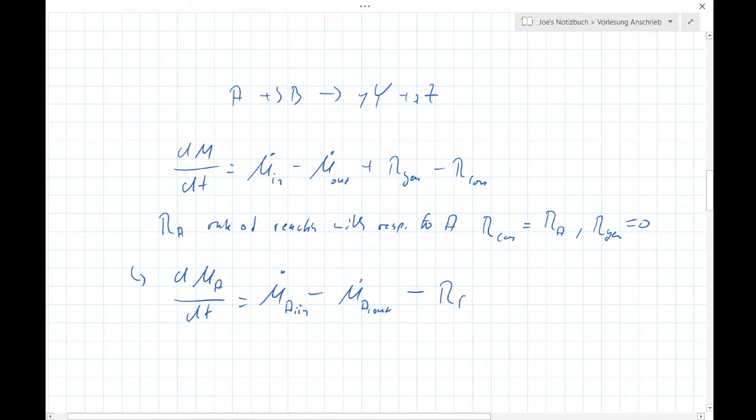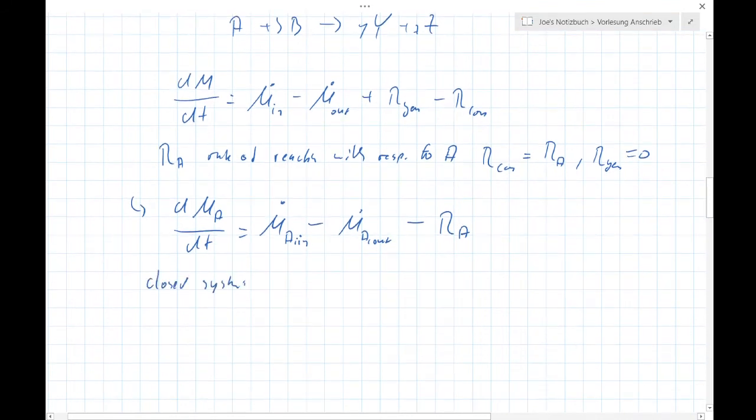It's just consumed. So this term and not this term. Okay. And now, if we say a closed system, then of course M_A in and M_A out are 0. This is of course a specialization. We simply kick out these two, and we have our R_A is minus dM_A/dt.